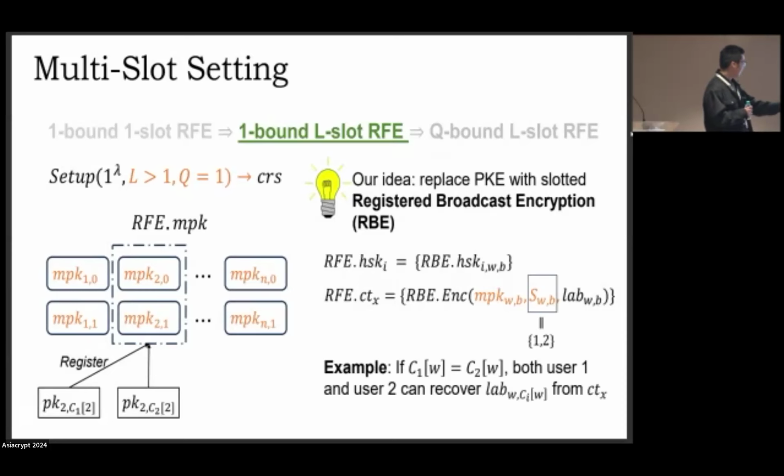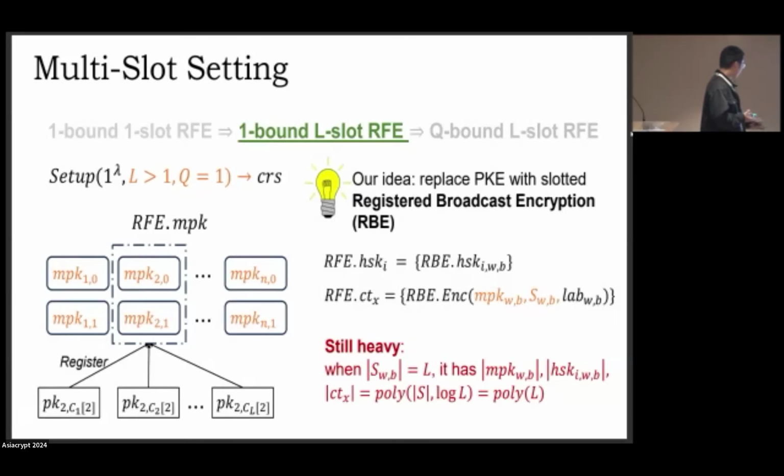Here we note that these ciphertexts are associated with broadcast sets. For example, if circuit 1 and circuit 2 have the same bit at position w, then both of them can recover the same label from the ciphertext. This will ensure the decryption algorithm still works.